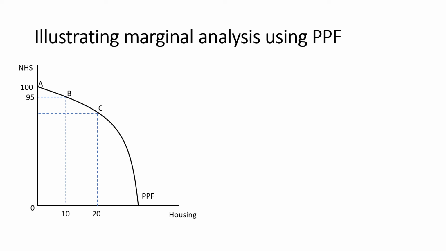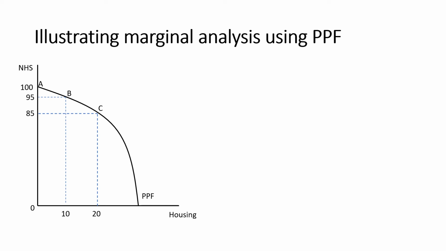This time the opportunity cost is higher. Output falls from 95 to 85, so that's a fall of 10. So you can see here that the marginal opportunity cost of producing the second block of 10 houses is higher than the first block of 10 houses. So this again is illustrating the idea of marginality.